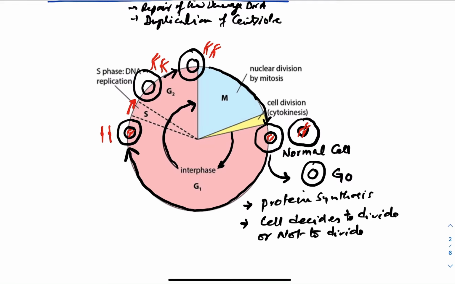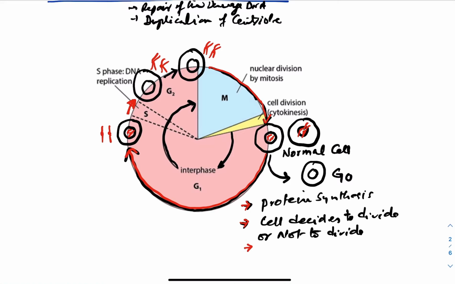If all possible factors are available and the proteins are synthesized normally, the cell will go through this G1 phase into the S phase. If DNA is replicated, then it goes through the G2 to an M phase. And during an M phase, the spindle fibers are formed and one cell is divided into two cells.